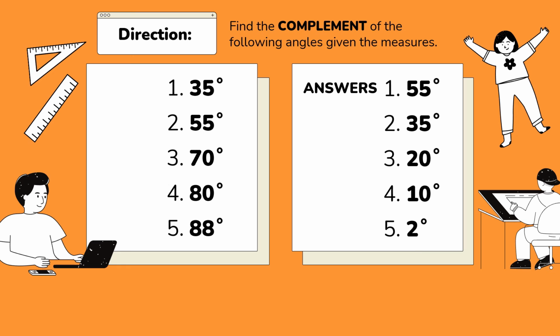Alright, for number 1, the complement of 35 degrees is 55 degrees. For number 2, its complement is 35 degrees. For number 3, 20 degrees. For number 4, 10 degrees. Number 5, 2 degrees. Right? You got the same answers? That is very good. In order for you to get the complement, you subtract the given measure from 90. Okay?